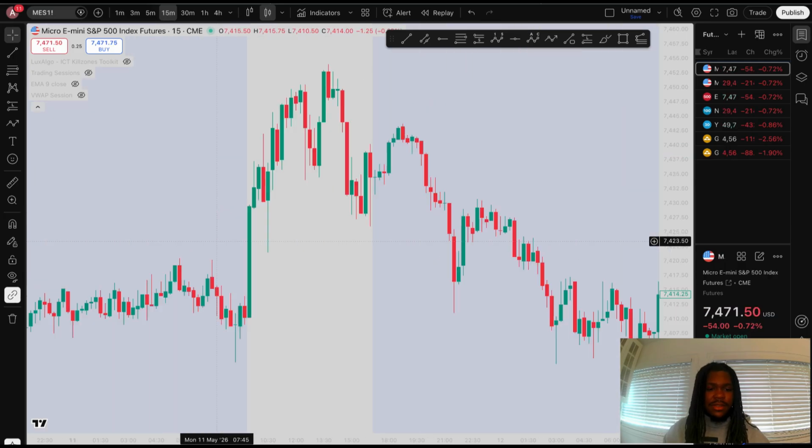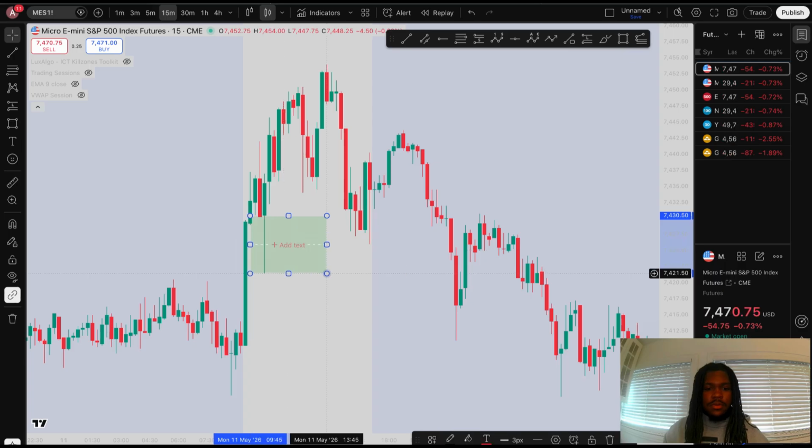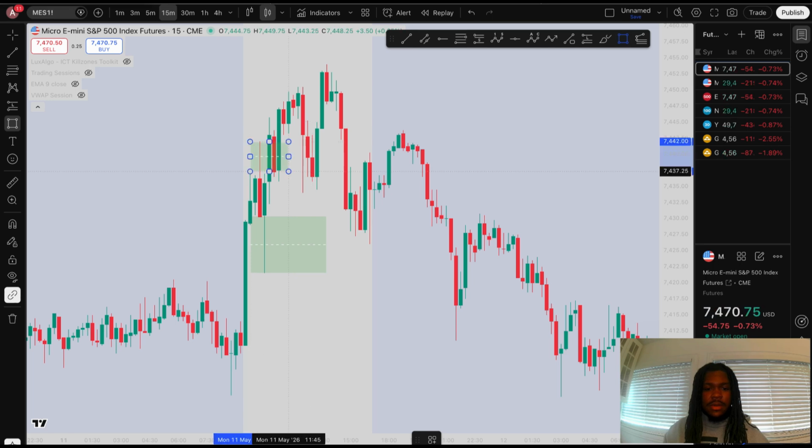Certain candlesticks tell you different things. The wick of a candlestick is this right here. This is the wick. You have wicks that come from the downside and wicks that are on the upside. These wicks show the lowest point that price reached in this 15-minute time frame, because we're in a 15-minute time frame.